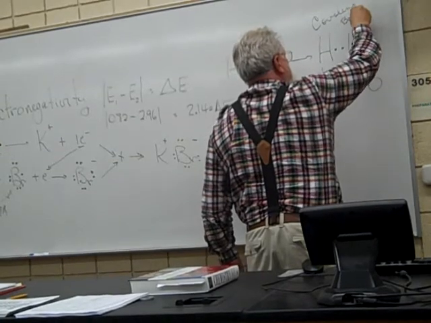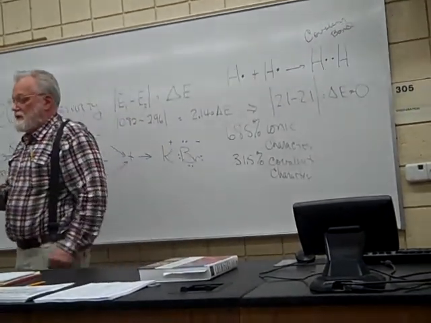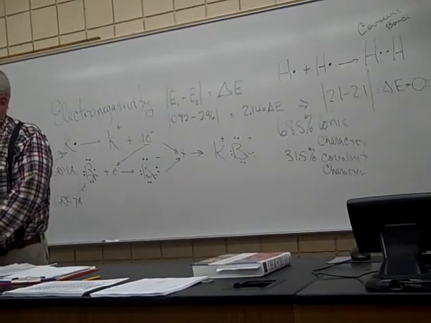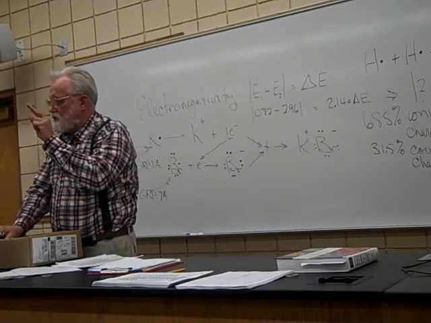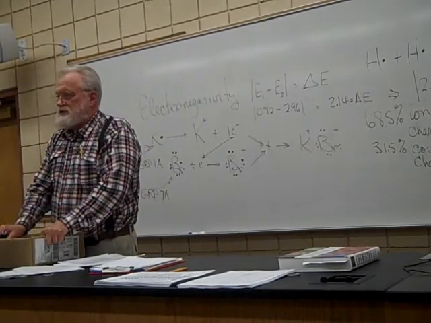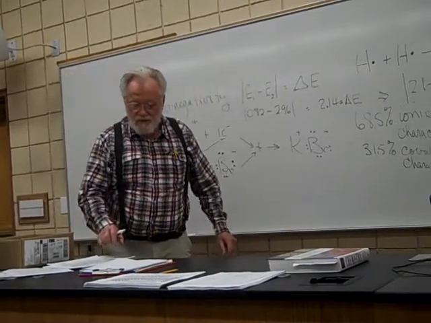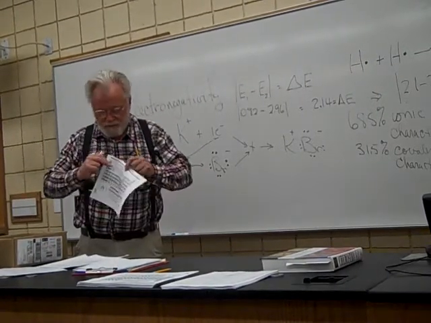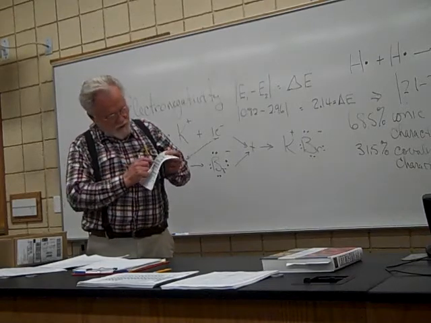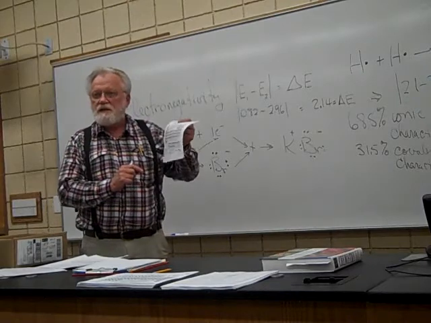So I want to impress upon you that when we make this delta E measurement, we're always trying to characterize a bond between two atoms. We're not concerned with the atom itself. In other words, we will never measure these numbers up here, like in the case of bromine, the 2.96.